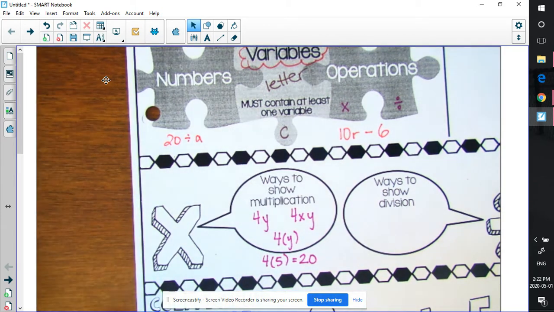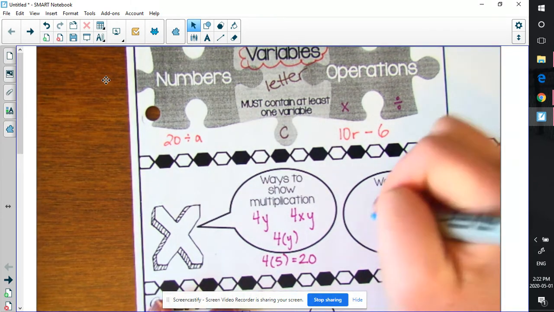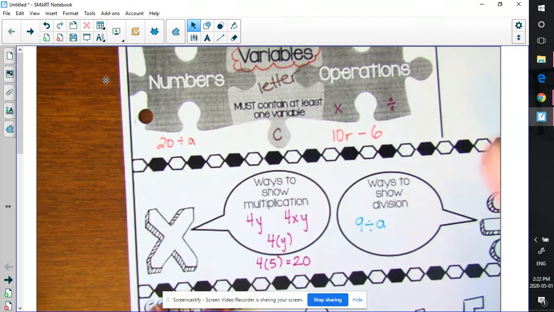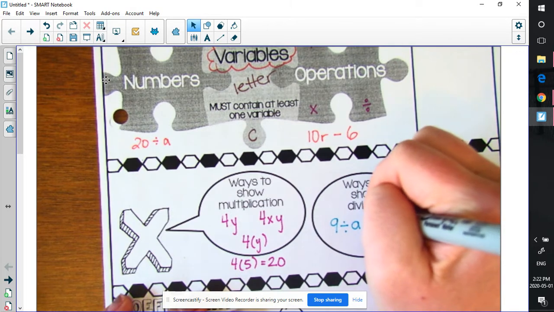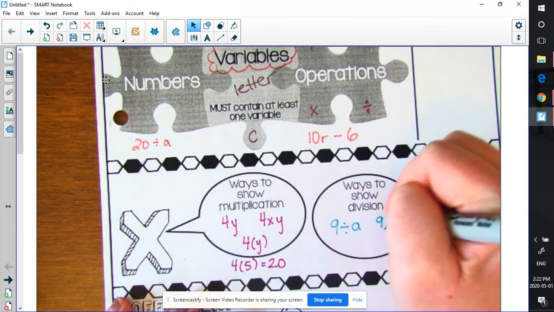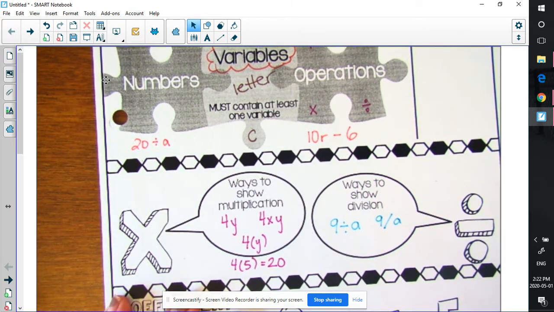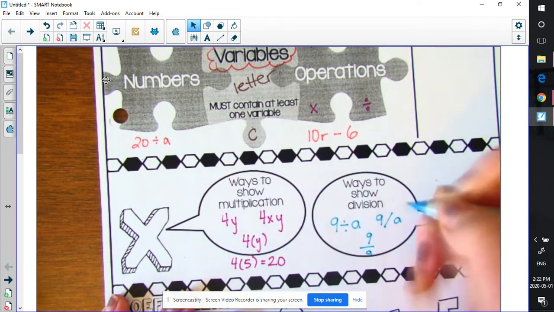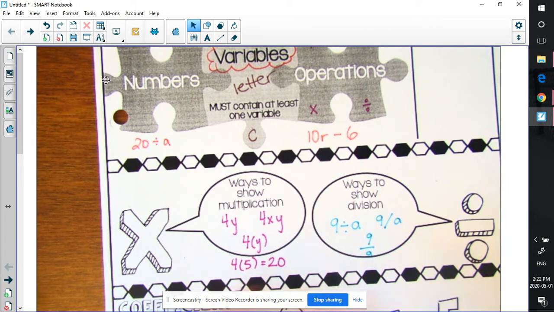There are also a few different ways to show division. Now, one way looks like this, 9 divided by a. Very simple. Another way that you could see this is 9 with a slash a. That also means divide. Another way that you could see it is looking like a fraction, 9 over a. All of these mean division.